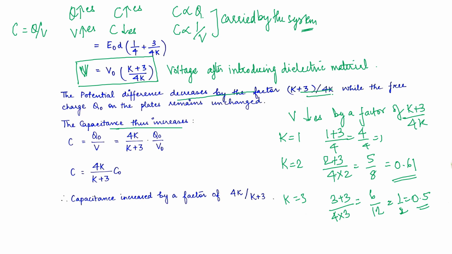Substituting the value of V in this formula, the charge will remain unaltered on introducing the dielectric, and even when the dielectric is not introduced, the charge will remain the same.